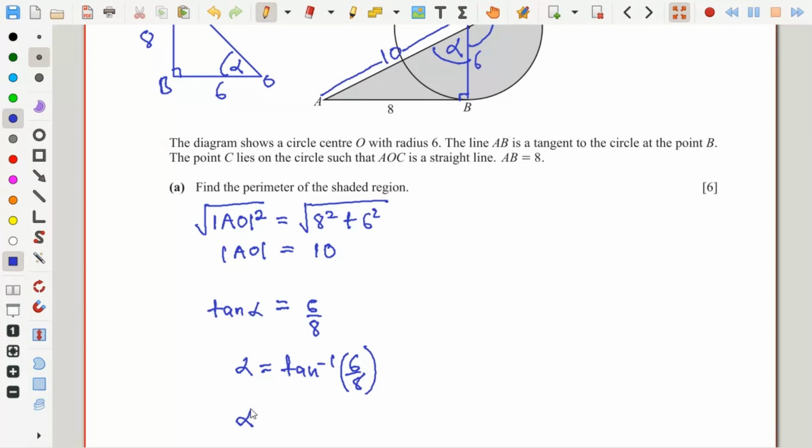Oh, no, it's supposed to be 8 on 6. 8 on 6. Okay. My bad. 8 on 6. Let's try it and see.